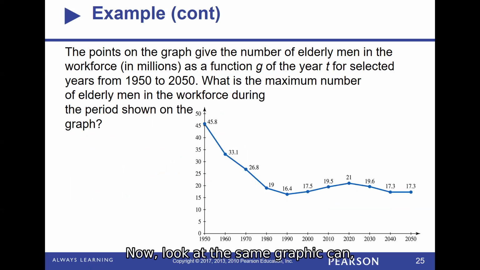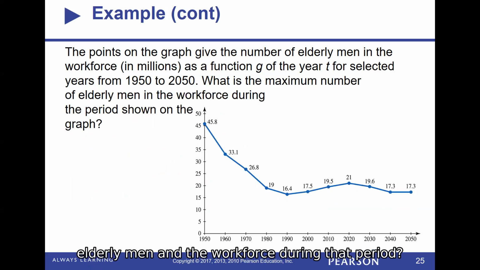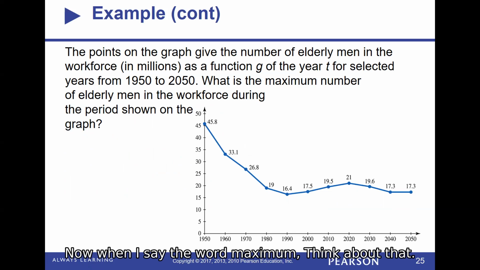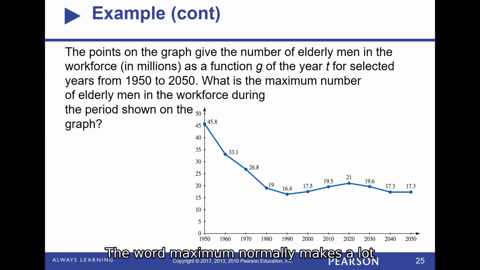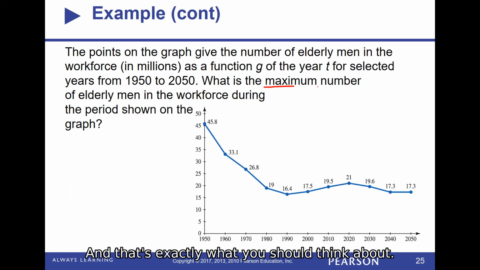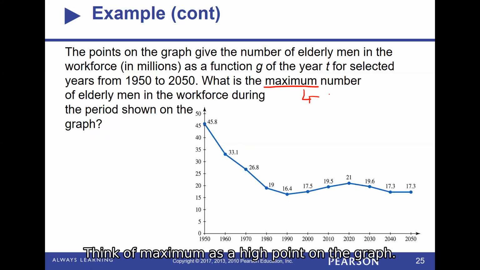Now, look at the same graph again, and what is the maximum number of elderly men in the workforce during that period? When I say the word maximum, think about that. The word maximum normally makes a lot of people think about a high point, and that's exactly what you should think about. Think of maximum as a high point on the graph.